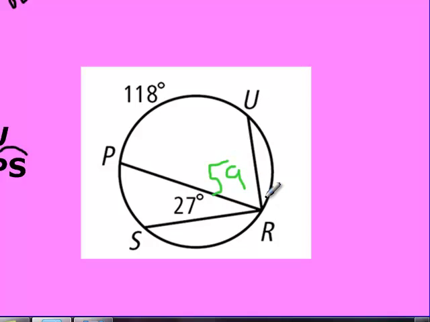Now, to find the measure of arc PS, if you notice, here's arc PS. Now, this angle PRS has a measure of 27 degrees. Therefore, if that is half of the arc, then what do you think the measure of arc PS would be? Very good.